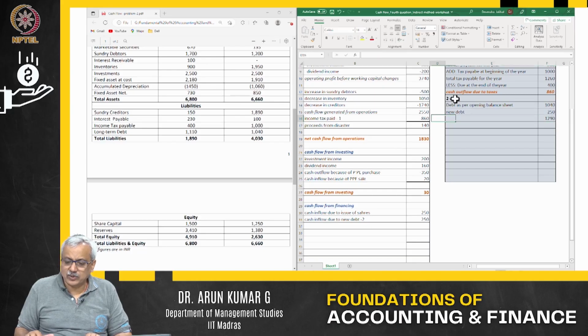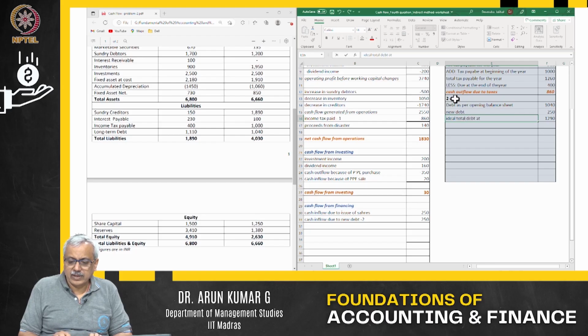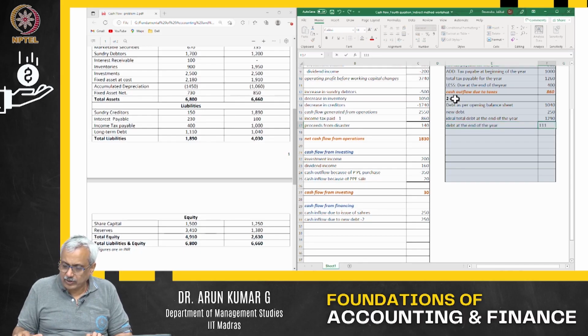The ideal total debt at the end of the year should be so much. But the debt at the end of the year is how much? End of the year is only about 1110.